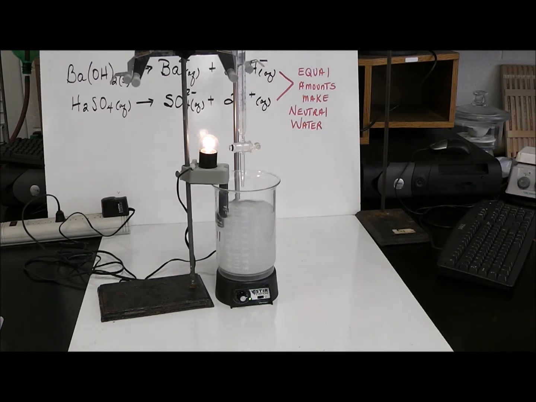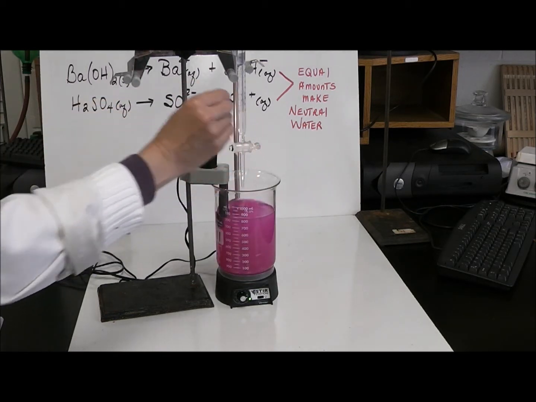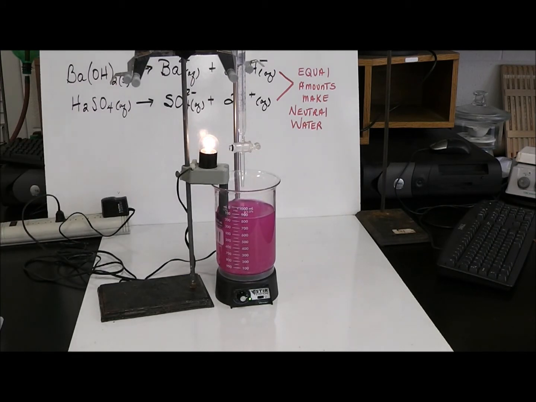Okay, now what I'm going to do is put in a couple of drops of phenolphthalein. Phenolphthalein is an acid-base indicator. Phenolphthalein will be clear, colorless in an acid, pink in a base. And because barium hydroxide consists of hydroxide ions, which are bases, it goes very pink.